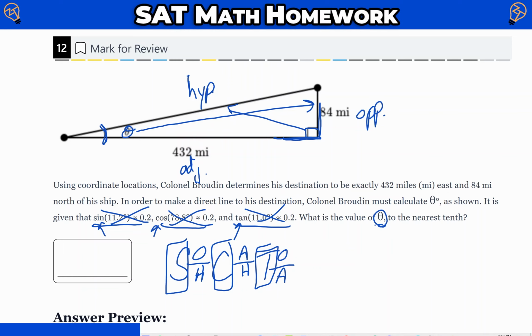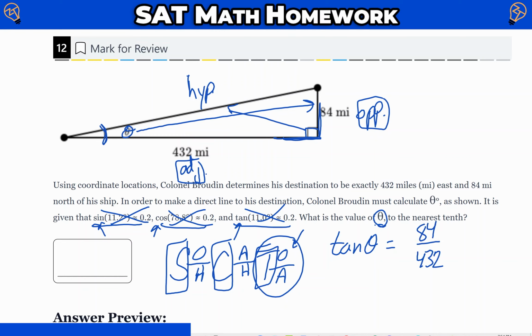So which trigonometric ratio relates the two sides that I do know of, opposite and adjacent? Well, that's tangent. And it's very important that when we're writing the ratio, we do it in the order of the trigonometric ratio. So in other words, we need opposite on top, adjacent on the bottom. So opposite over adjacent. And now our goal is to find theta.